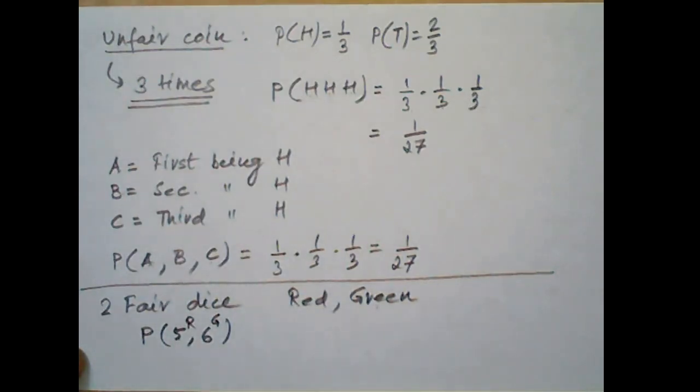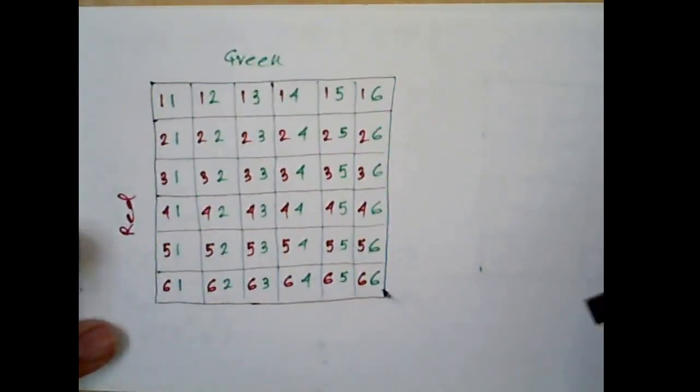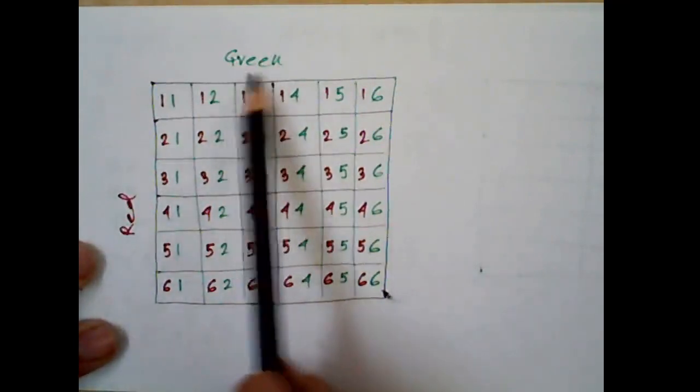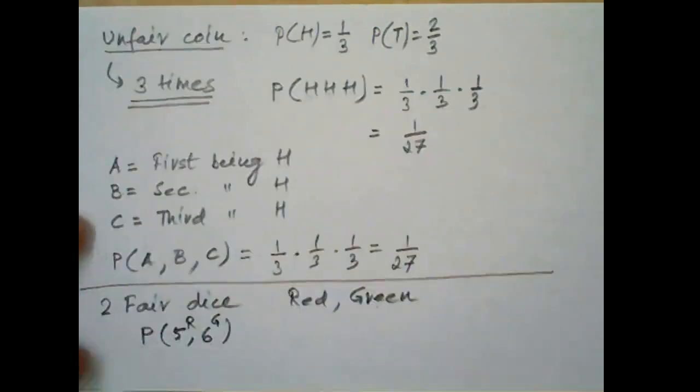Here again, before looking at it from the mathematical point of view, let's look at it using a picture. What you are seeing here is a checkerboard. I have the green die on one axis and the red die on the other axis. The problem is, what is the probability that you get 5 in the red die and 6 in the green die?